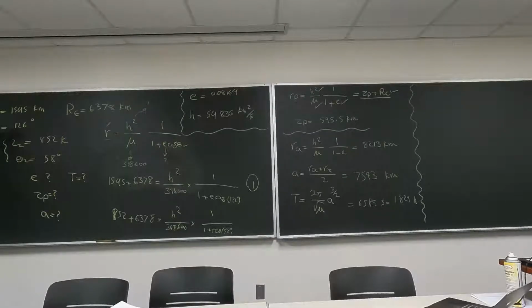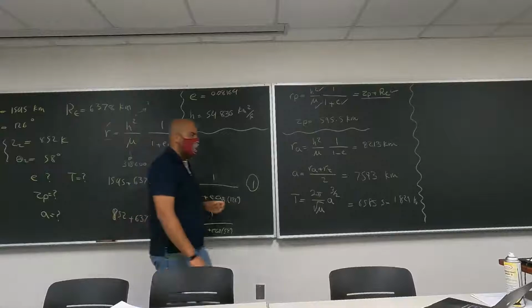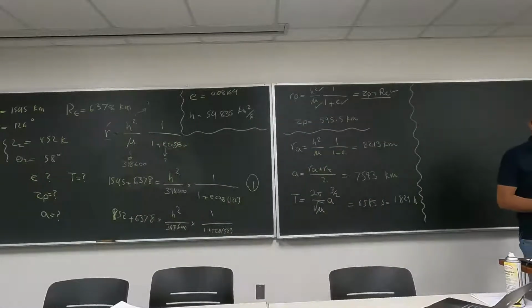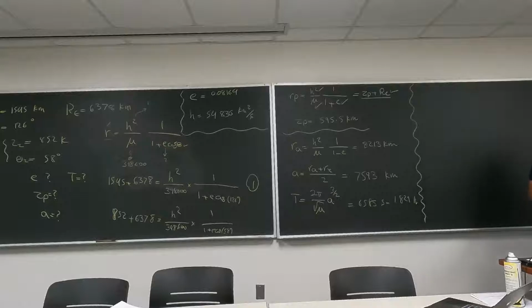I didn't even need to tell you that this is not ZA and ZP. You could have just looked at the thetas. Theta is not 0 and 180, so they're not the apogee and perigee. Okay. Any questions? Okay, let's move on to the next example.